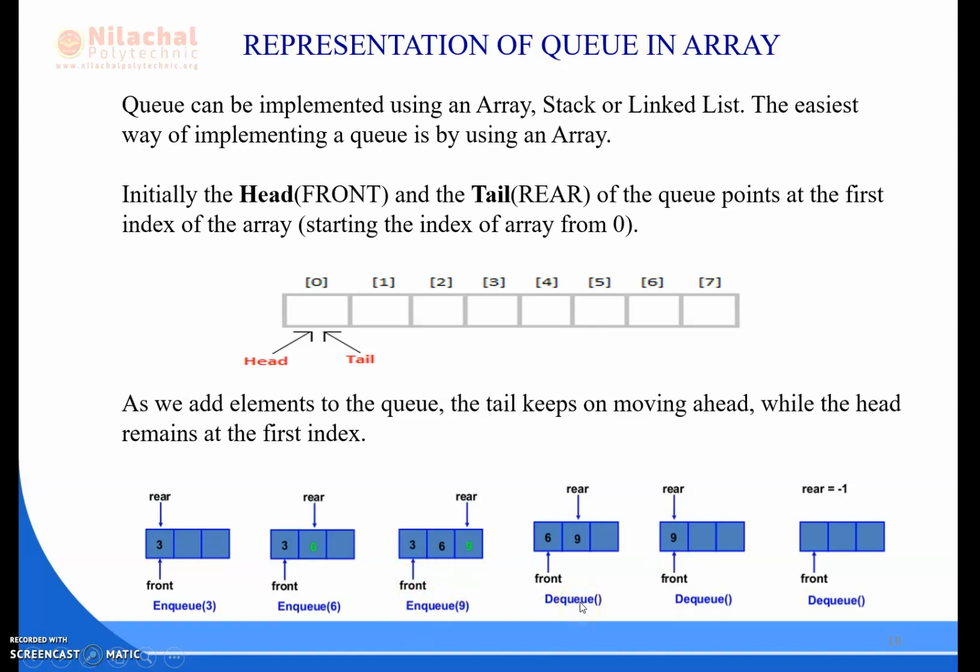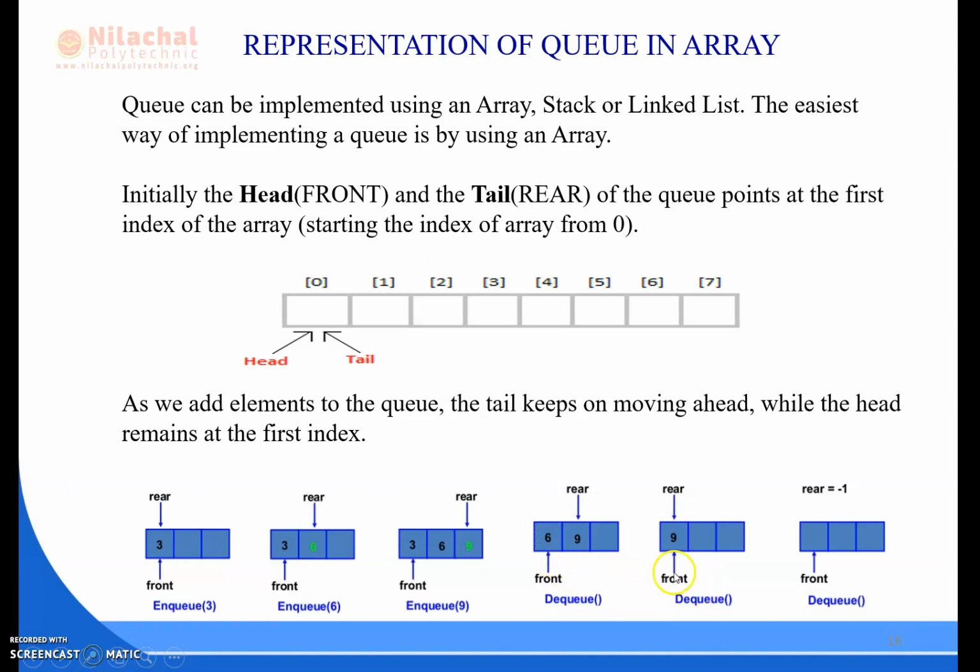Now if we dequeue one element, what is actually done? We already know that dequeue is done at the front part. So when we do the dequeue operation, the front element is removed from the queue. So 3 is removed. Now the front position is incremented by 1, that is the front is now at 6.